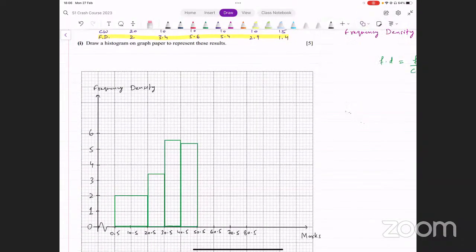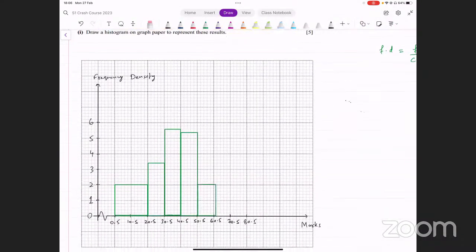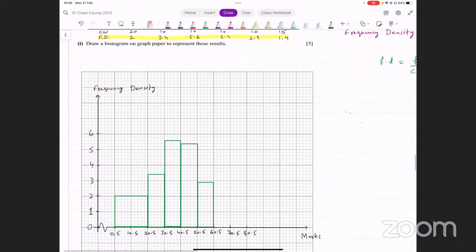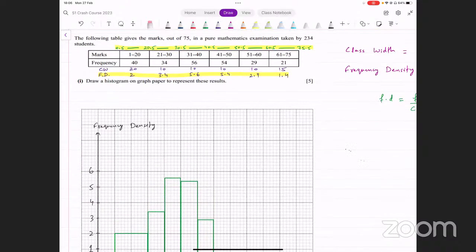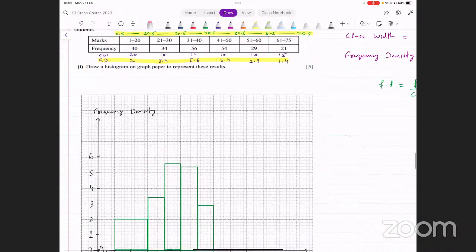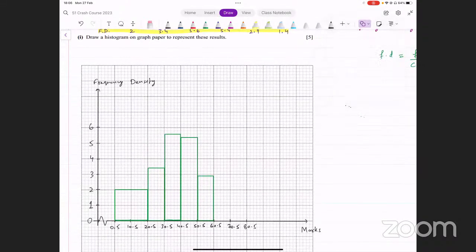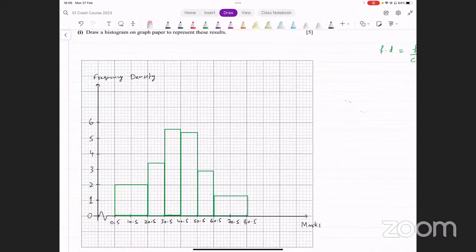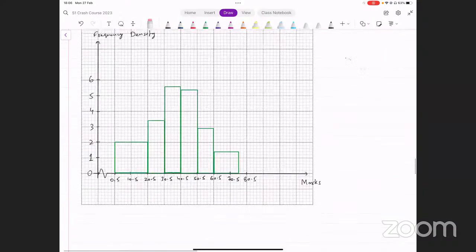That's going to be here. And then finally, the last one is from 60.5 to 75.5. And the frequency density there is 1.4. So that is going to look like this. This is what your histogram looks like.